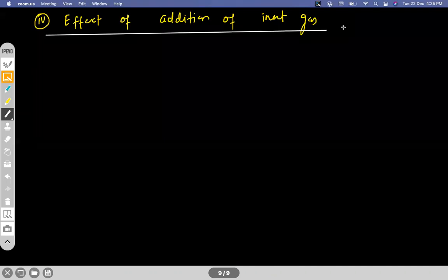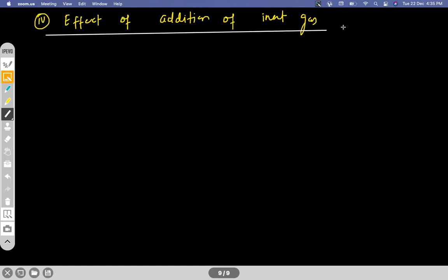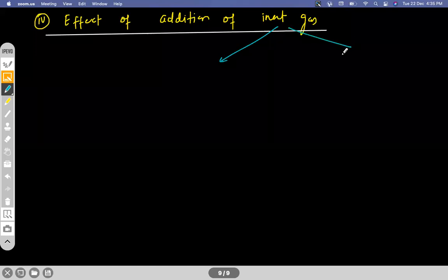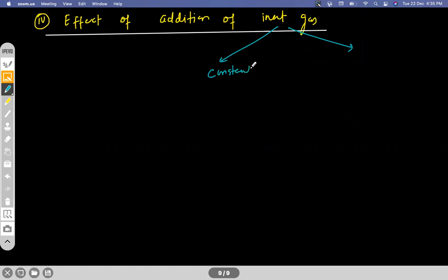Then what happens? So we have two conditions here. We can add inert gas either at constant volume or at constant pressure.